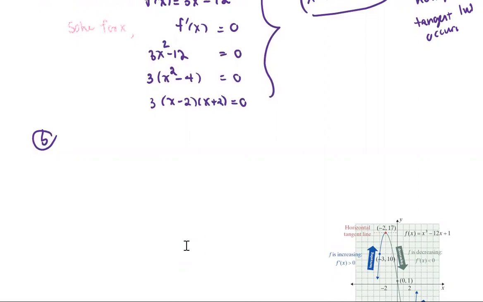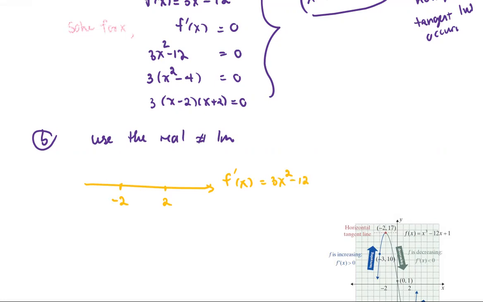We draw the real number line and locate the two numbers we found where the derivative is 0, negative 2 and positive 2. This line represents the sign of the derivative, which is 3x squared minus 12.